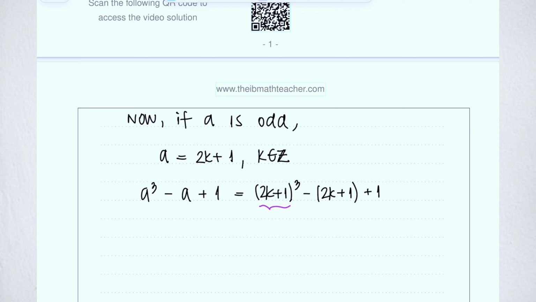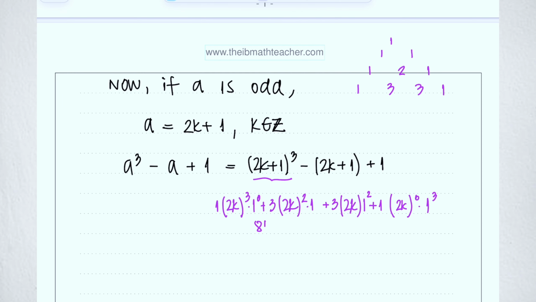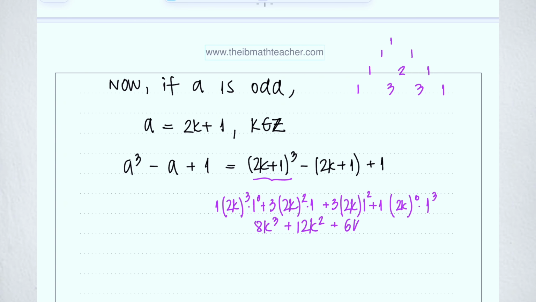And expanding 2K plus 1 cubed, either by foiling or using Pascal's triangle, we get the following, which is equal to 8K cubed plus 12K squared plus 6K plus 1. And given that we have negative 2K minus 1 over here, we can simplify negative 1 with 1.